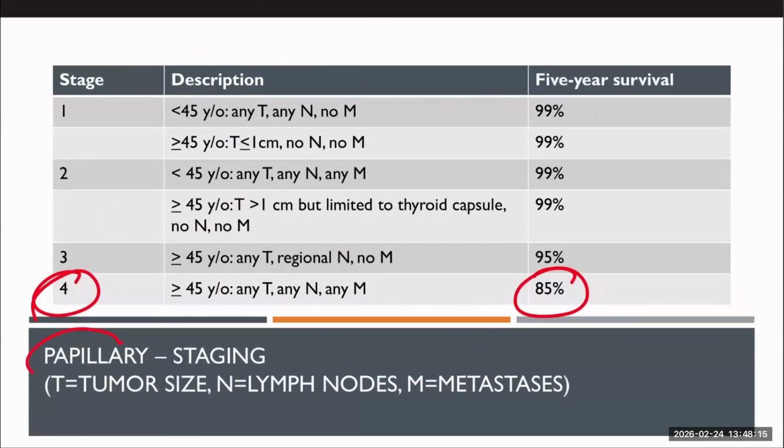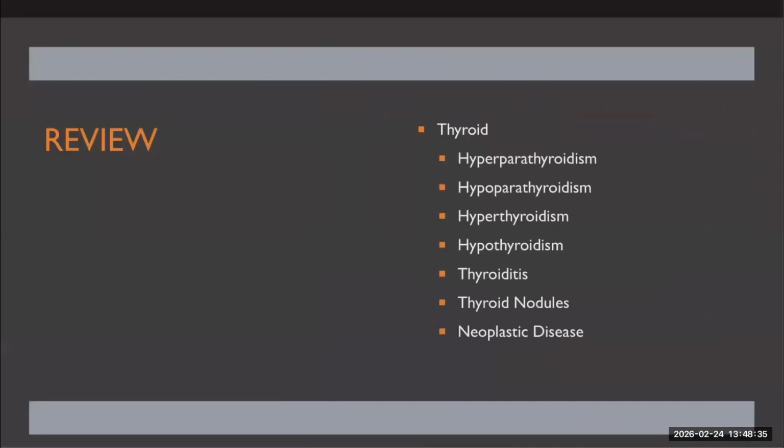So these are papillary tumors. Even the worst one, any amount of tumor size, any amount of lymph node involvement, any amount of metastases, you're still going to have an 85% survival rate with thyroid cancer. So that's the big takeaway with this one. Survival rate is good with papillary thyroid cancer.